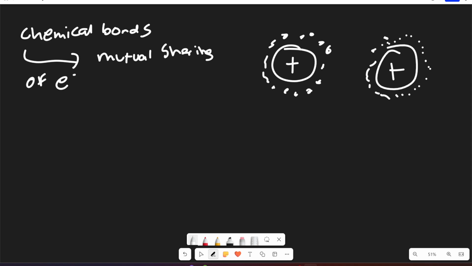And essentially, these electrons of this atom are attracted with the nucleus of the other atom, and these electrons from the electron cloud of the other atom are attracted with the nucleus of the other atom involved in the bonding.